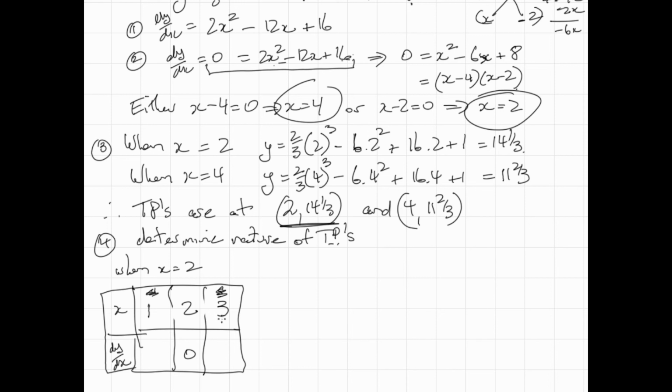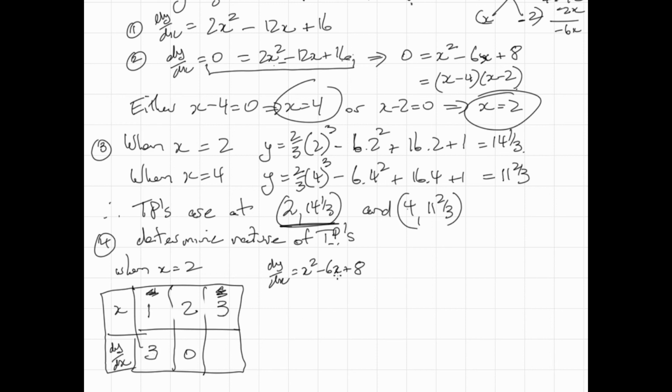So this will be a good one because we can use 3 as being the one that's just slightly less than the 4. And when we substitute x equals 1 in dy dx, we've got dy dx equal to x squared minus 6x plus 8. Putting x equals 1 in there, we get 1 minus 6 plus 8, so 1 and 8 is 9 minus 6 is equal to 3.